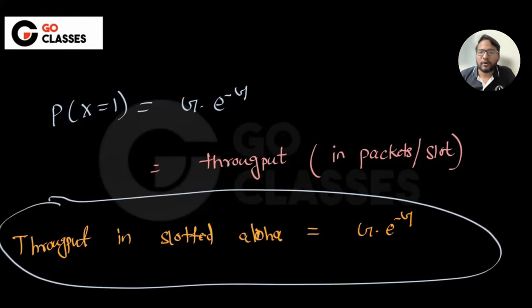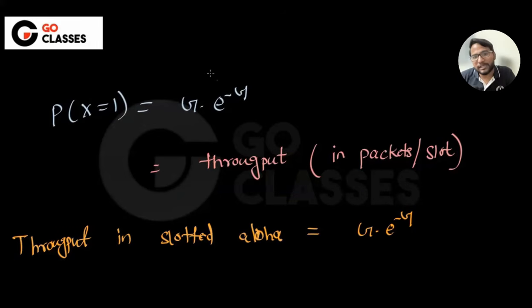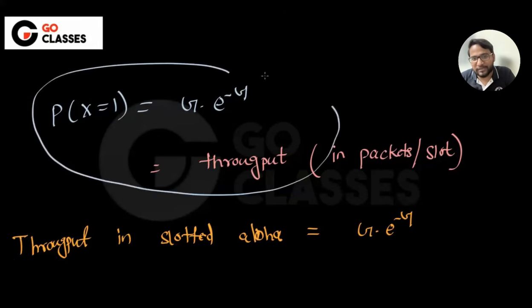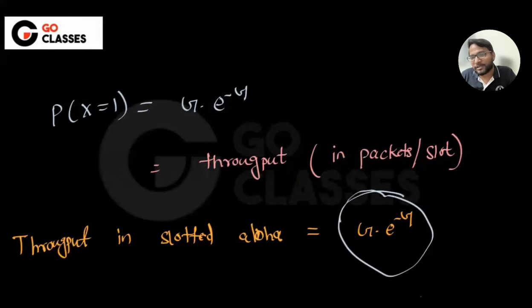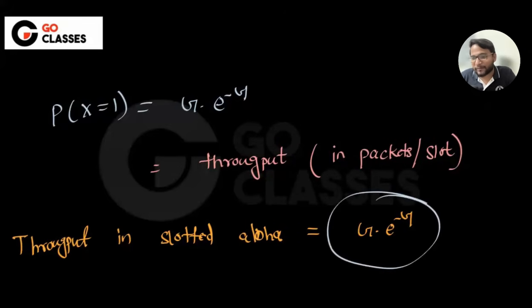Forget about this being the same as the probability of X being 1, they will not even tell what the unit of this throughput is. They will not even know that this throughput means that we are measuring in packets per slot, right?